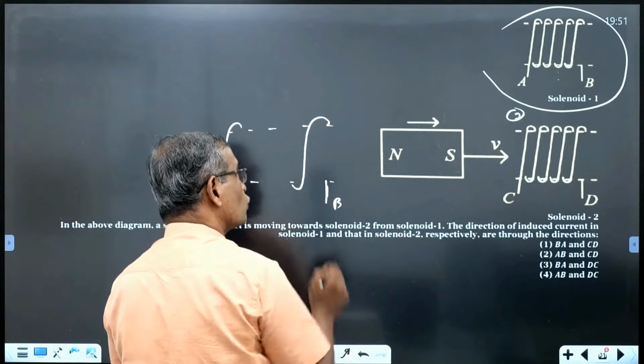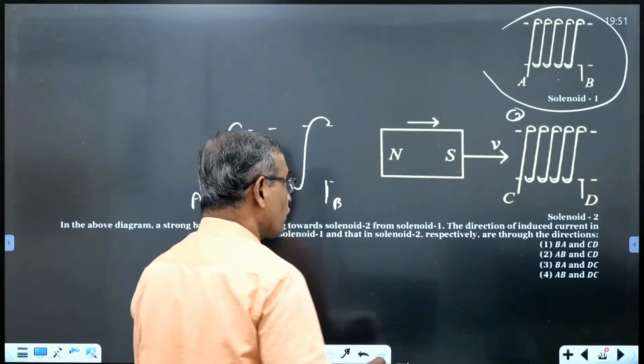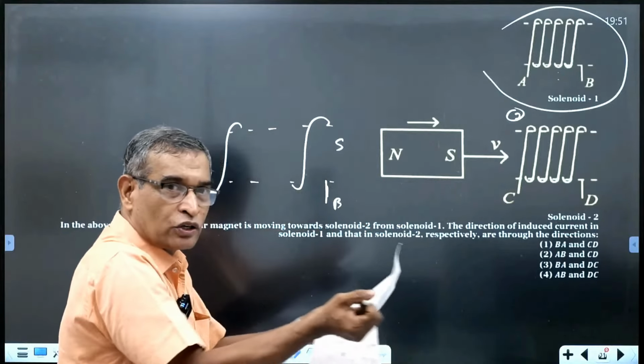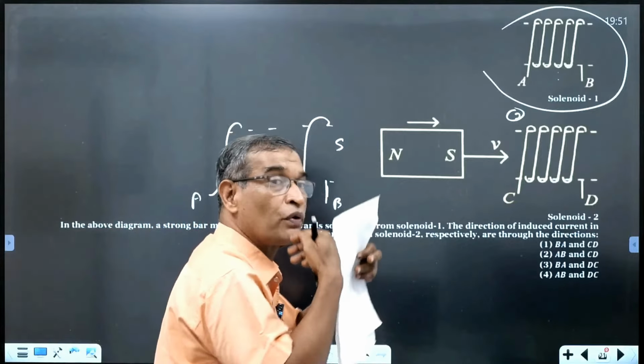And therefore, this is going to act as another dipole or a bar magnet, definitely with this face as south pole. Then only it will pull this north pole from moving away from it.